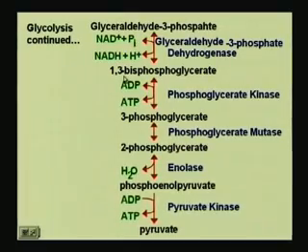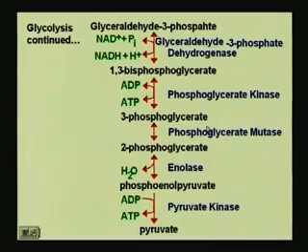Now that you have formed the glycerate, you have to lose the phosphate to form the pyruvate. So, the first step in the loss of one of the phosphates is phosphoglycerate kinase, which is going to lose the phosphate that is attached to the carboxylic first carbon atom of the glycerate.